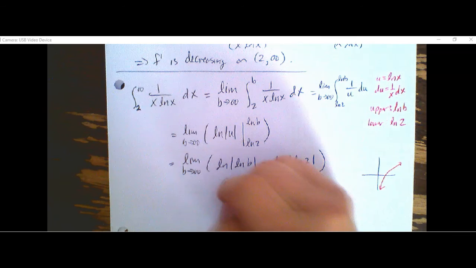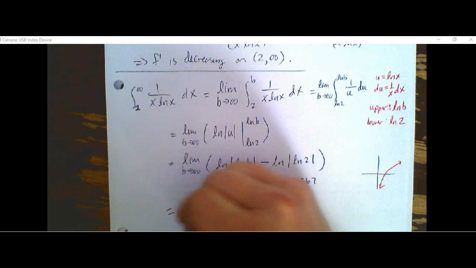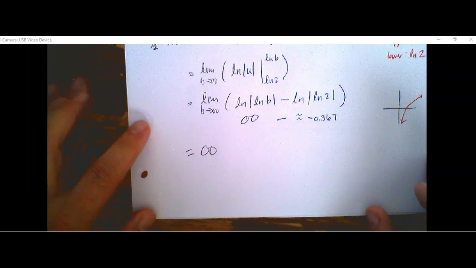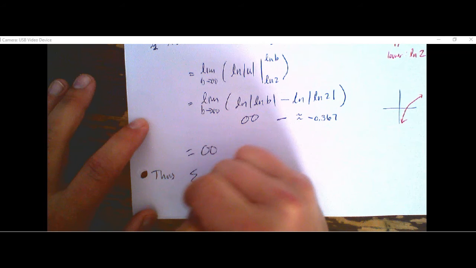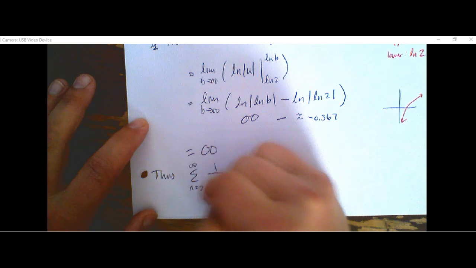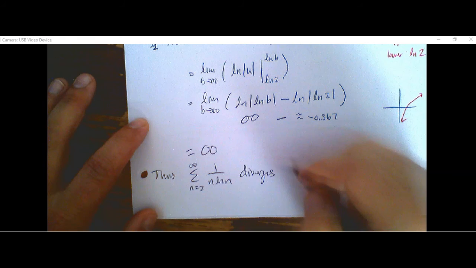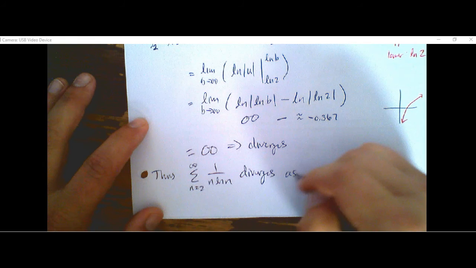Therefore, this is infinity minus some little number, which gives us infinity. Thus, the sum from n equals 2 to infinity of 1 over n natural log of n diverges.